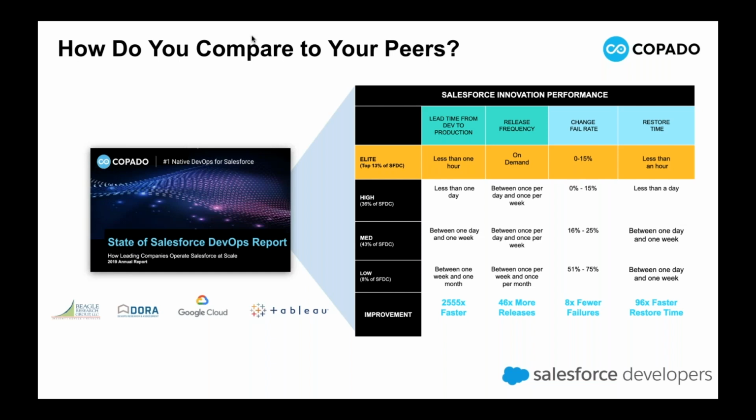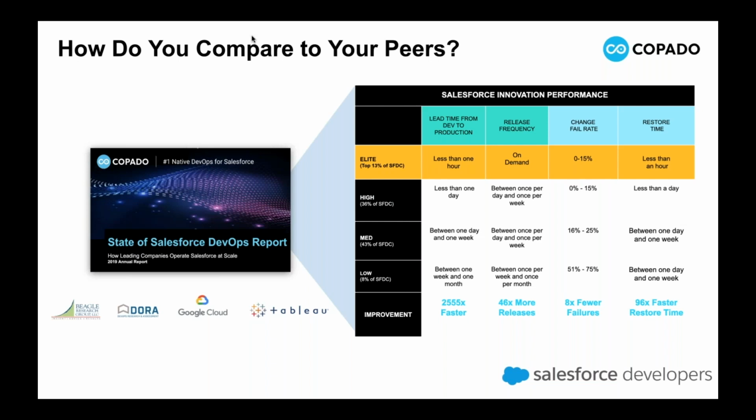We do this in alignment with the DORA report, which is the State of DevOps report, so that we can benchmark you not just against Salesforce, but against the industry standard as well. DORA is now actually part of Google Cloud, and we've used Tableau to slice and dice and do all of the analytics.